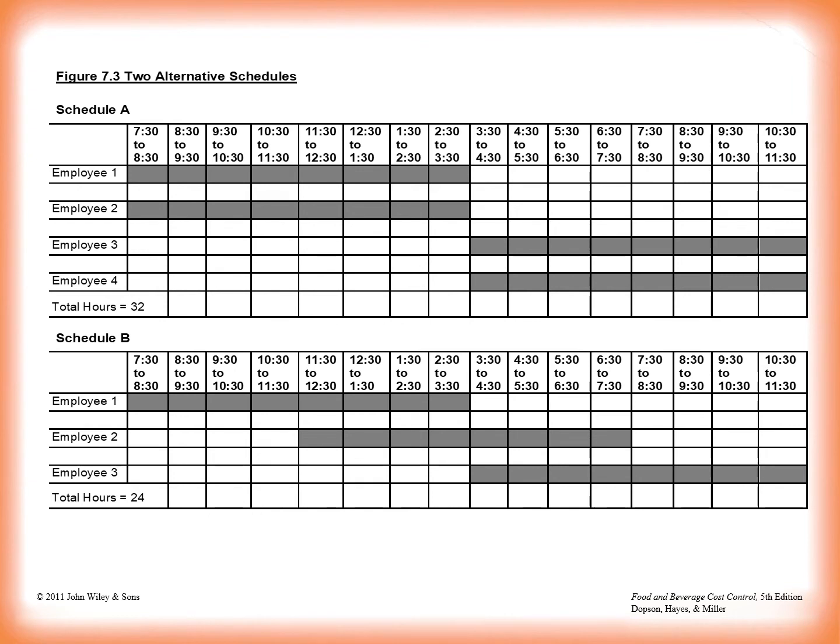We have a couple options here about how to schedule people. So when is the restaurant busy? Let's say it's a lunch and dinner restaurant. Well, they're probably busy from about 11 o'clock till about 7 o'clock. So you've got a lunch rush from 11 to 1, and then you've got a dinner rush from 5 till 7:30 or 8. And so when they're really at peak capacity is that kind of 11:30 to 7:30 period.